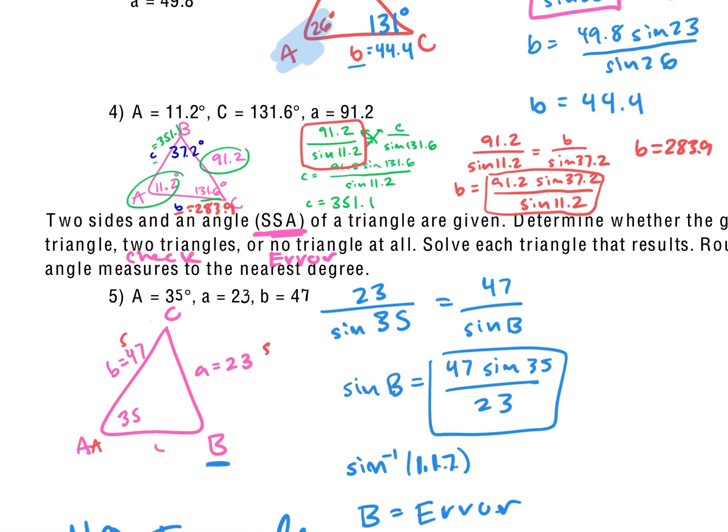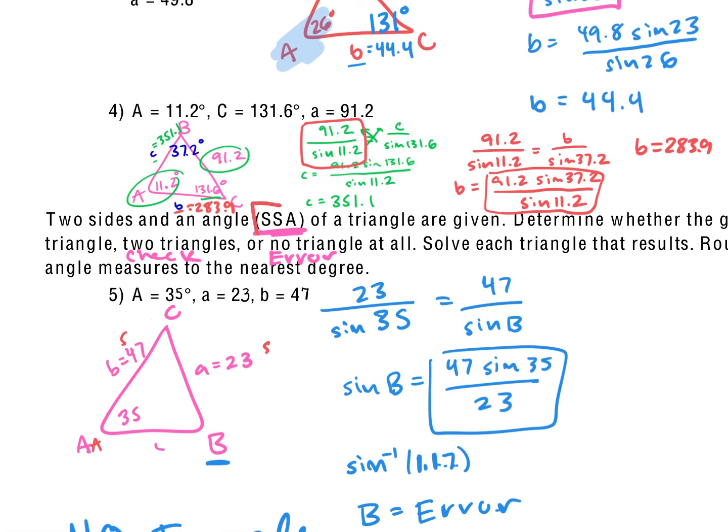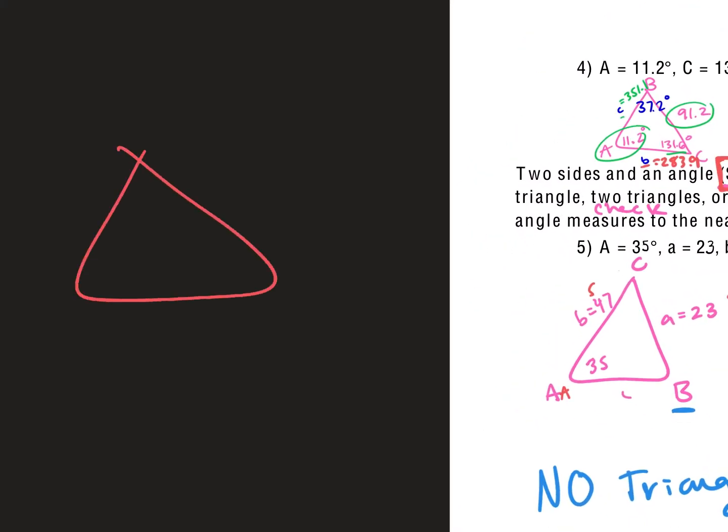So this little paragraph here, anytime we see side-side angle given, we could either have no triangle, 1 triangle, or 2. So if I had a triangle here, and it gave me this side, and this angle, so side, side angle, then I know I'm going to have to check for 2 triangles. Could it be for side, side, side too? No, it's just side, side angle.